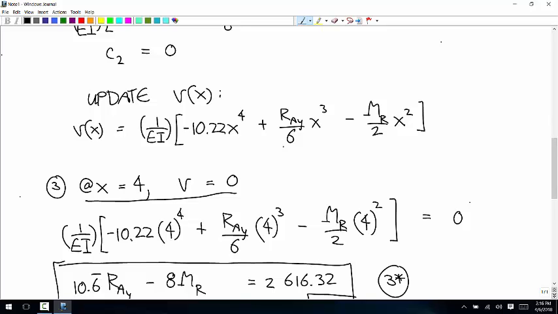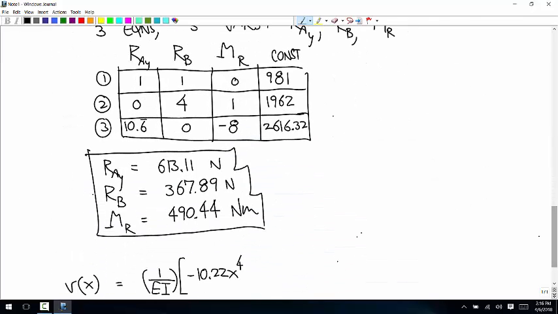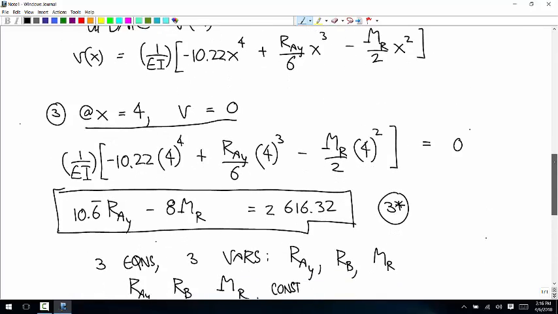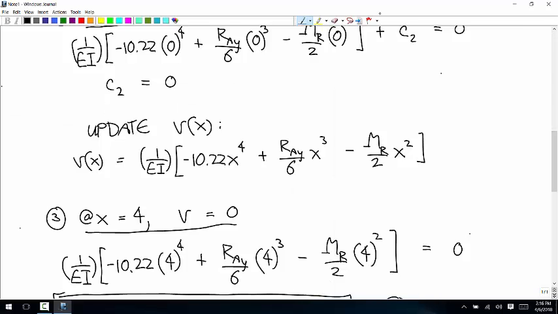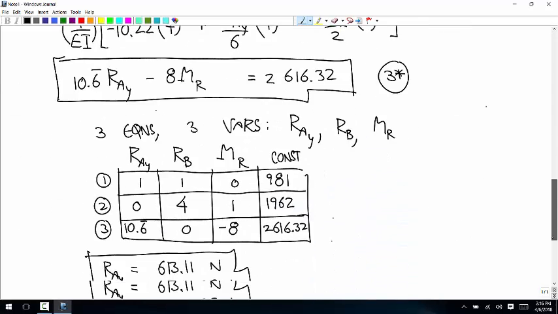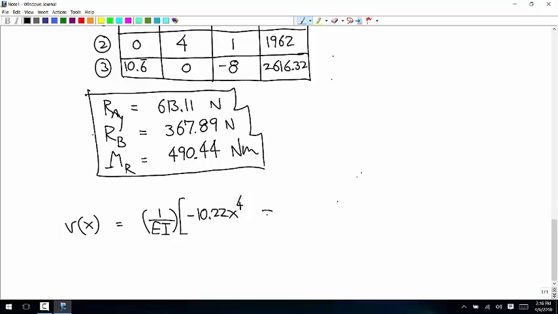And what do you get? Can someone tell me what that coefficient is when you plug in RAY? Plug in 613.11, plus 102.9, and that's x cubed.